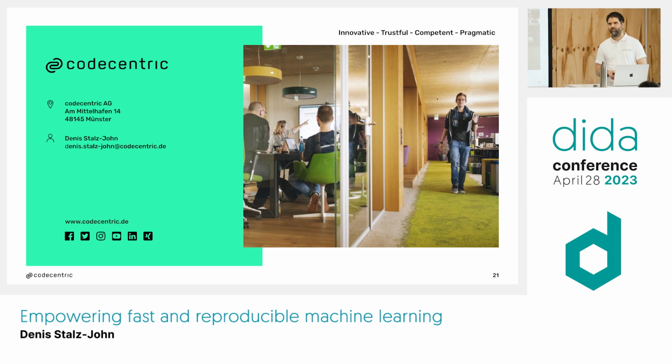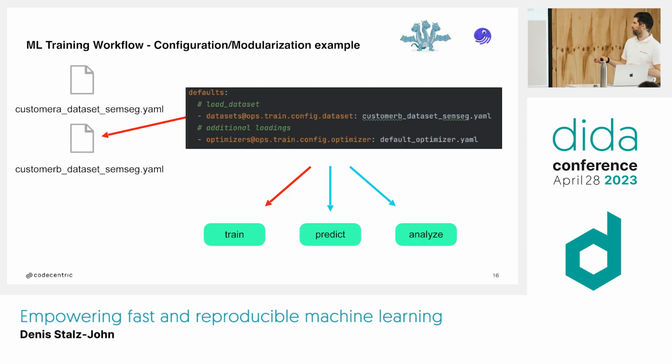What we do is run the pipeline completely, even if you don't change anything, it will run from start to end. We don't have a way to, for example, say my training stays the same but my prediction changes, so only do prediction and analysis. That you need to do manually.